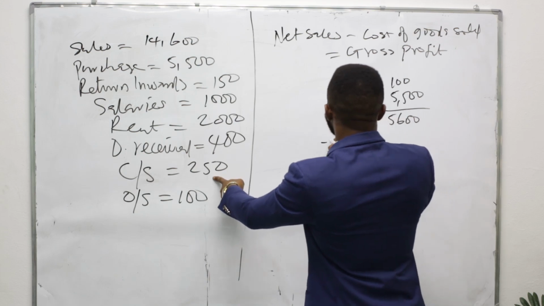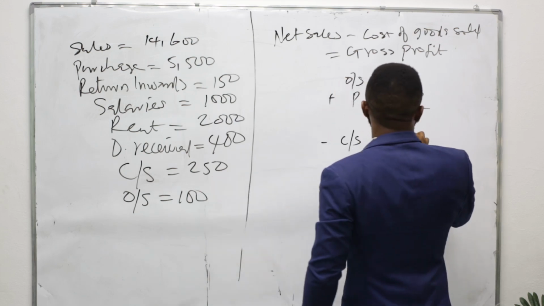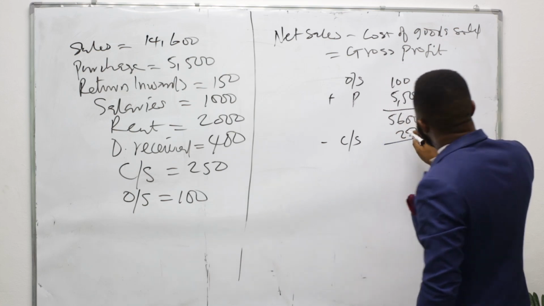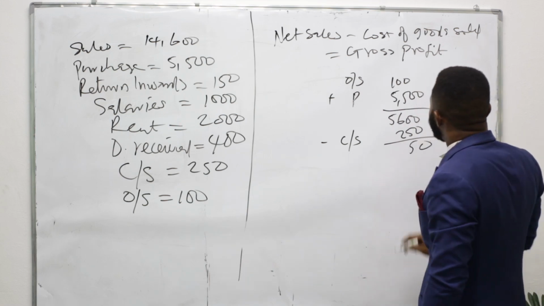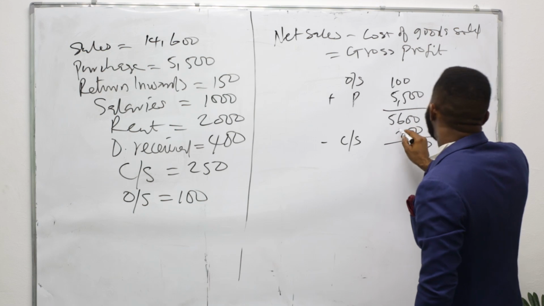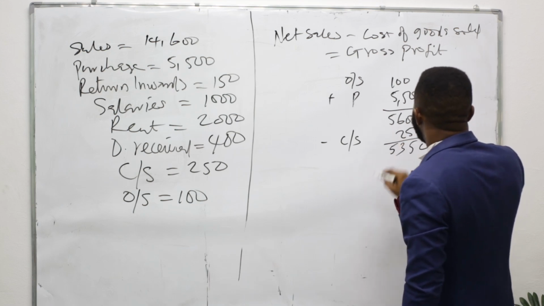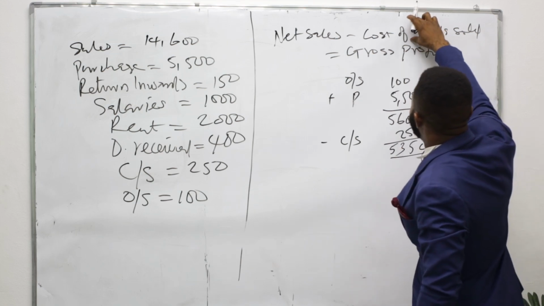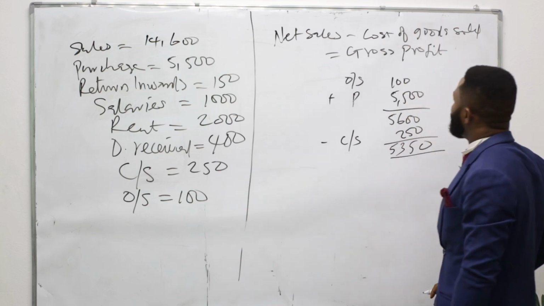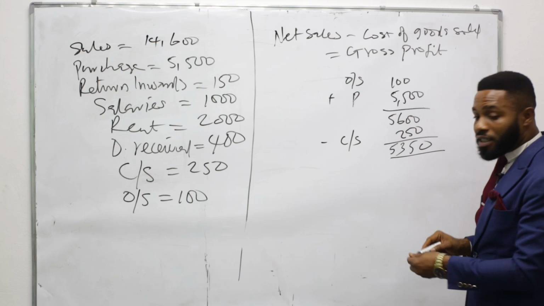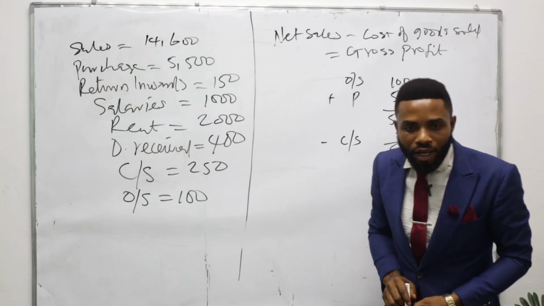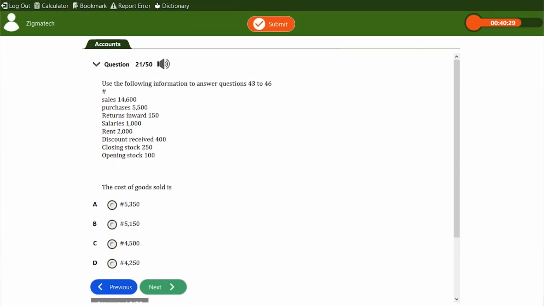Less closing stock, that's 250. This is 0. 10 minus 5 is 5. Here will remain 5. This is 5 minus here is 3, and here is 5. This will be your cost of goods sold. So your cost of goods sold from this question now is 5,350. That's option A. From the question now, your answer is A. This is your answer.